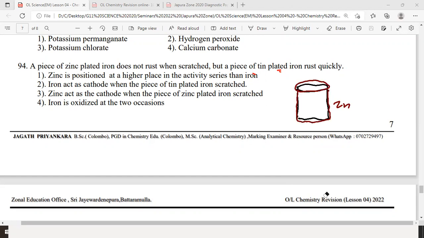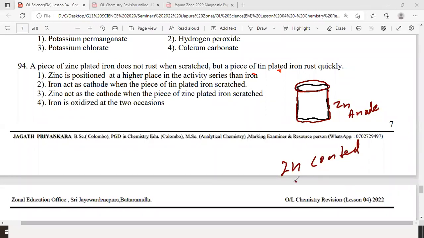Why? Because zinc acts as the anode and prevents iron from getting oxidized. Because zinc is more reactive than iron. A zinc coated tin or container does not undergo corrosion or rusting.